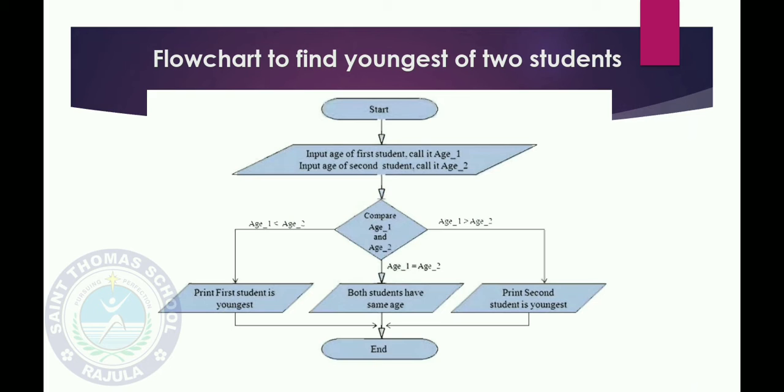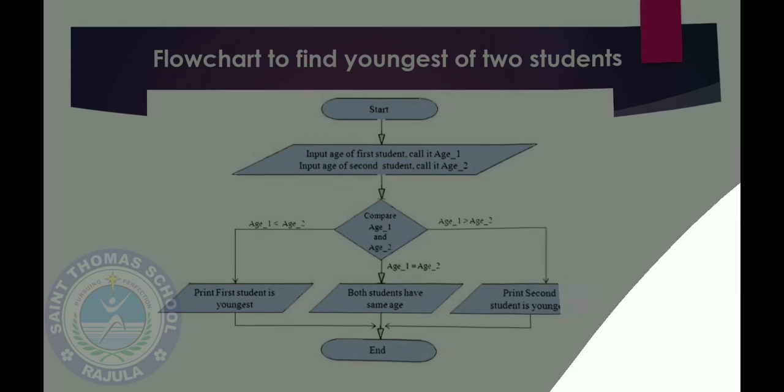After the completion of this, one of the three outputs will come, whichever condition is true. And at the last your flow of control will go to the end symbol. So this is to find the youngest of two students. Then next flow chart.